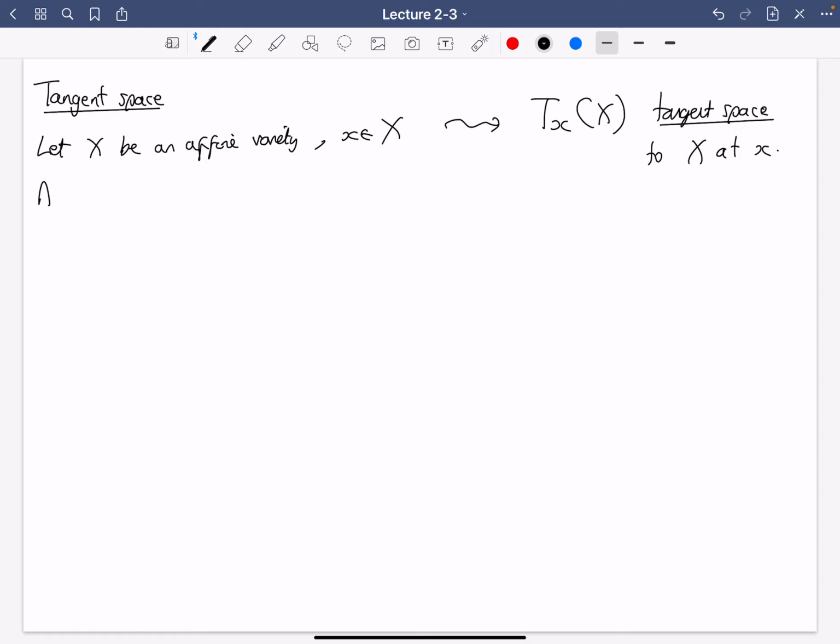For that, you've got to start with a closed embedding into affine space. In other words, you're given coordinates. So X is sitting inside affine n-space, I'm given a closed embedding.